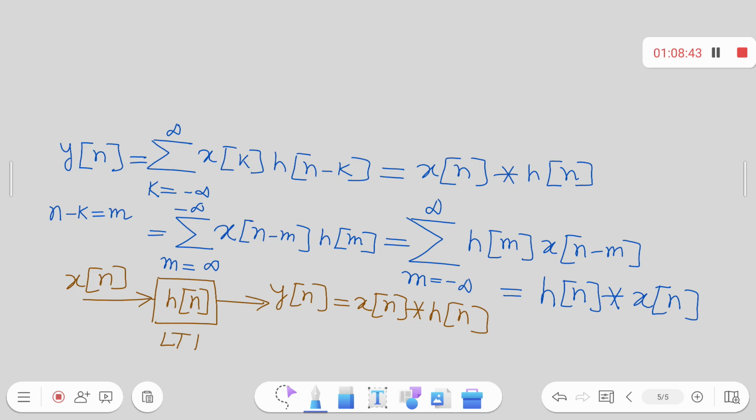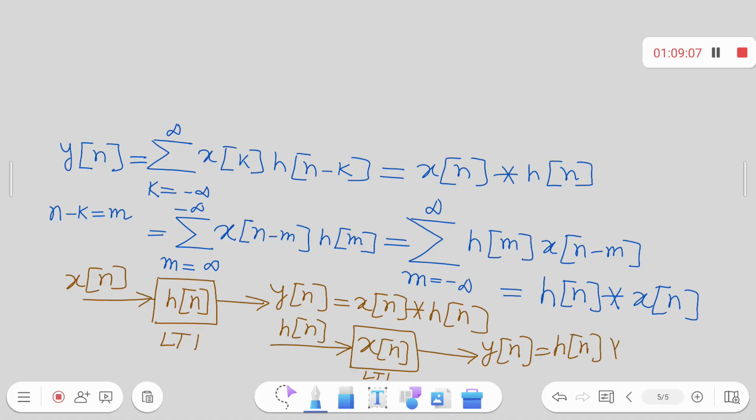Now suppose I have another LTI system, for which the impulse response is given by this x of n, and this is excited with the impulse response of the first. Here the output y of n is basically the same thing, h of n convolved with x of n. Okay?